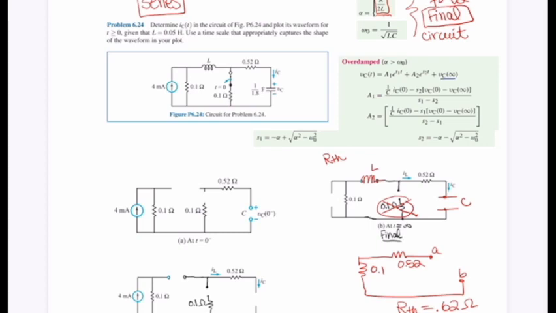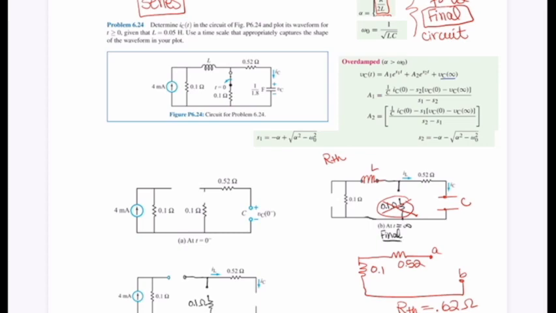So now the VC infinity is going to be, what's the current in here? This is a floating wire, right? What's the current in a floating wire? If I have just a floating wire out there, it's 0.